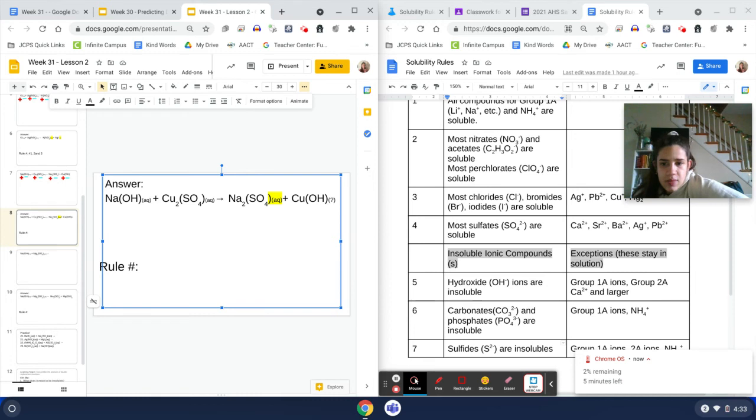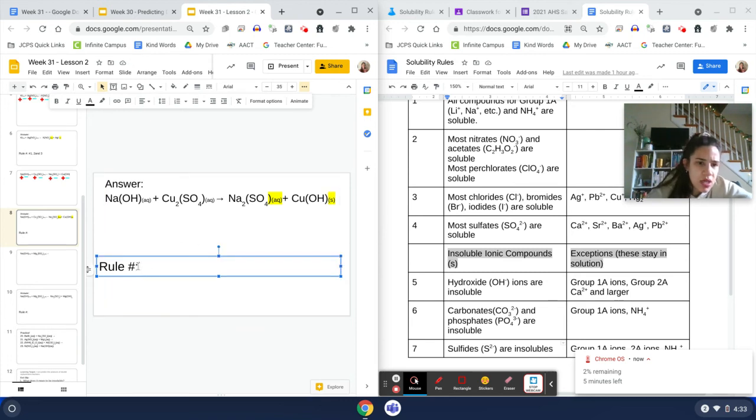It is a transition metal, which therefore tells us that it is insoluble in solution, and it is categorized with our S. And the rules that we used are 1, 4, and 5.